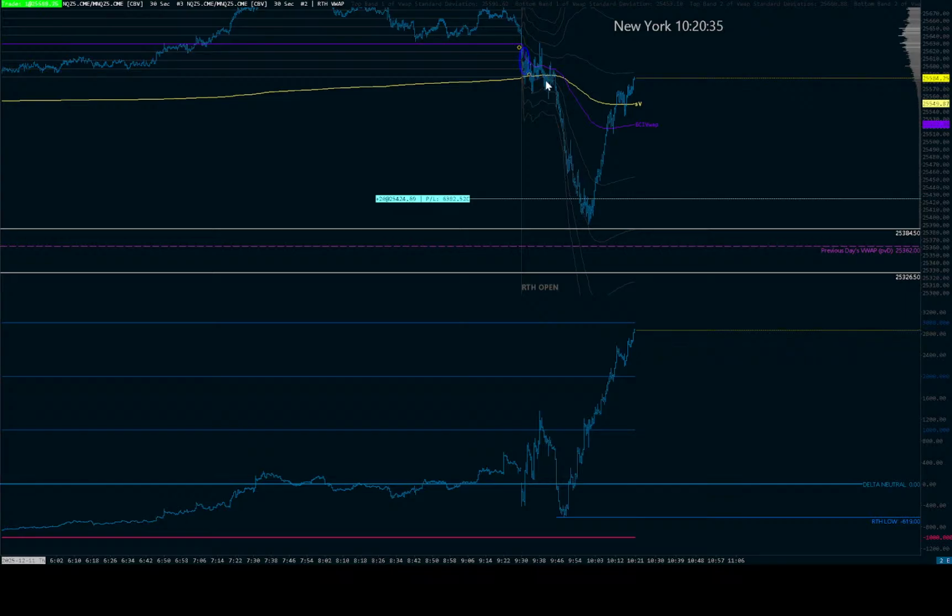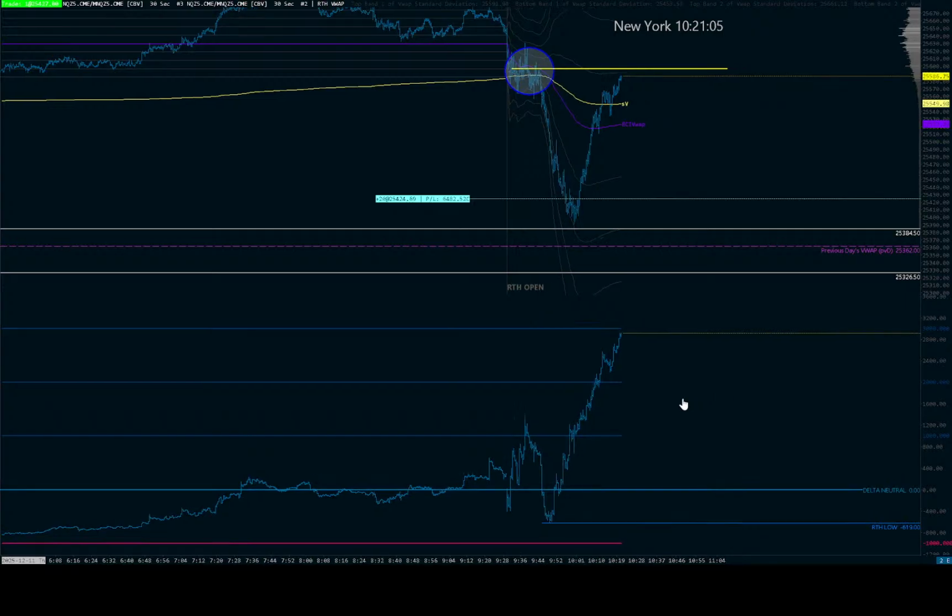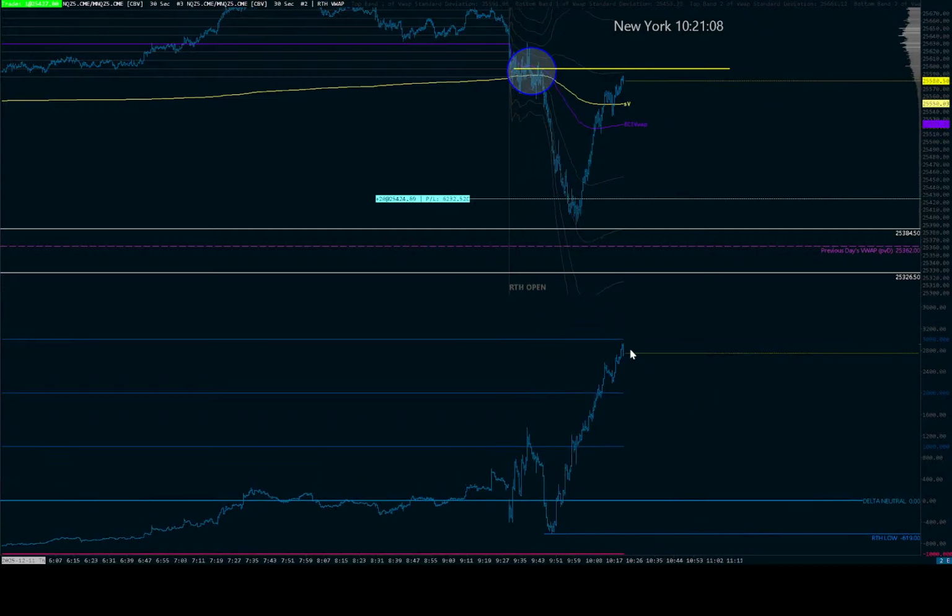Yes, we know there's a little high volume node right here. Could that be a resistance level? Absolutely. That could absolutely turn into a resistance level. I guarantee that there's a point of control going right through that, but I would not short that until you see some kind of shift in the order flow.